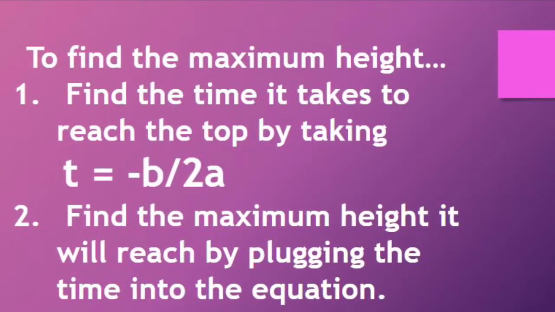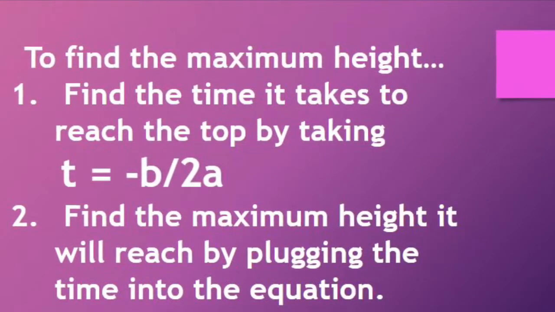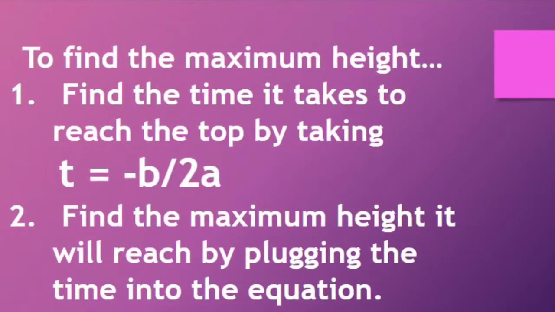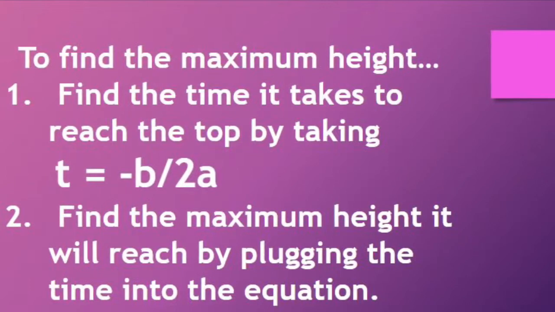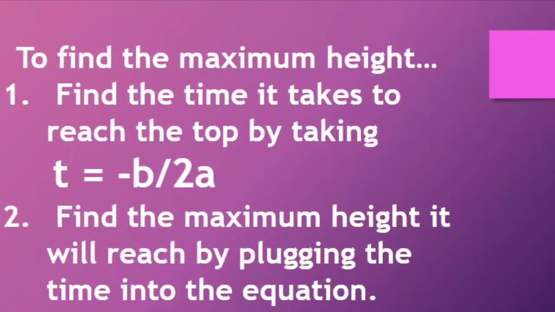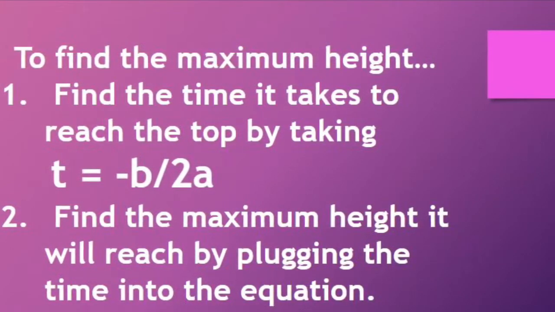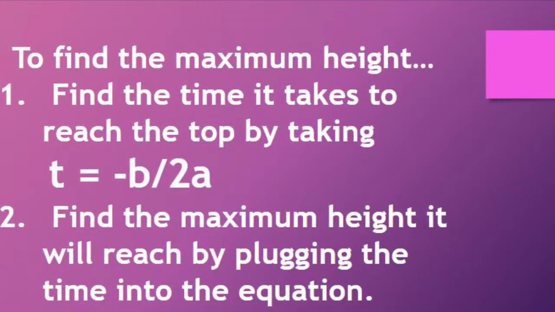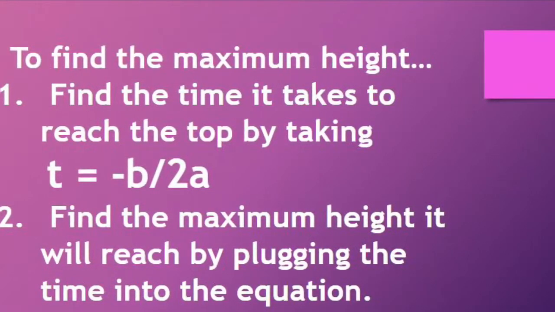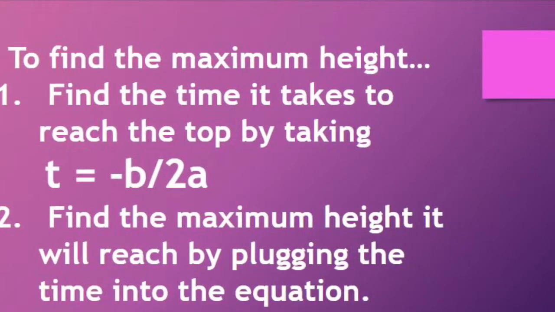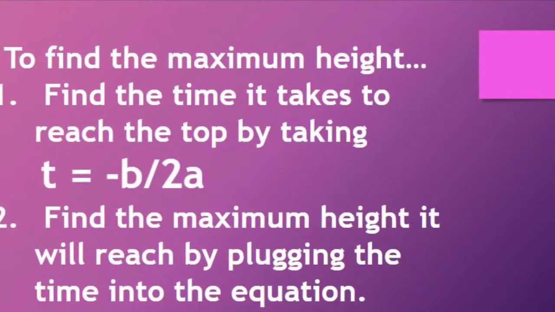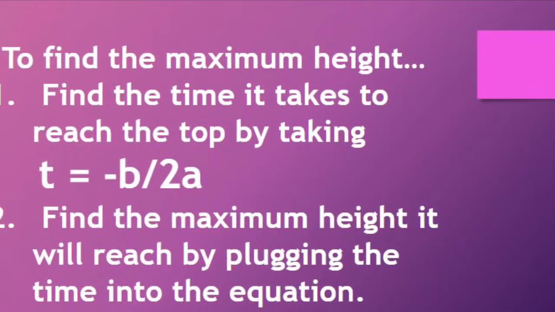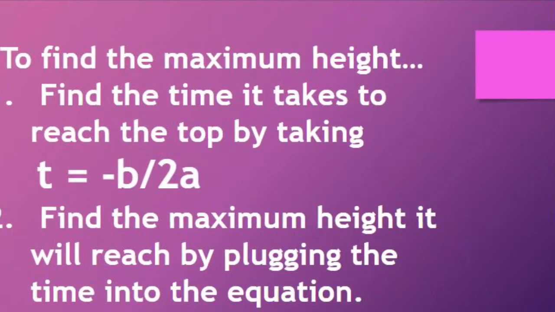And so to find that, we take negative b over 2a. But this just gives us the time it takes to get to the highest point. If we want to know the actual height of the object at that time, we have to take the time that we get from taking negative b over 2a, and plug it in for t in the height equation that we wrote.